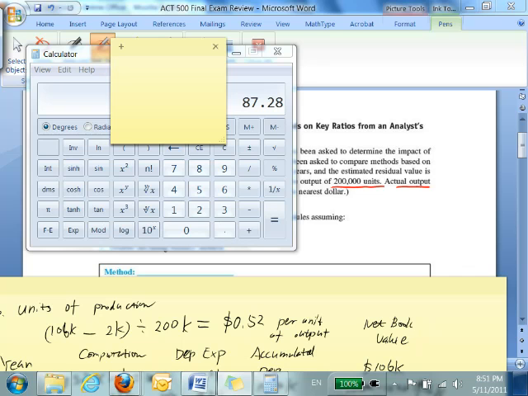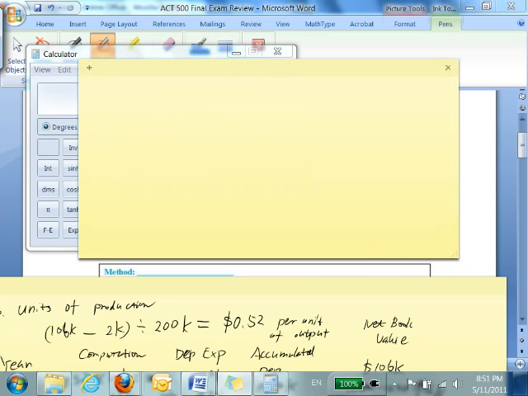Double declining balance method. It is also called the accelerated depreciation method. Double declining balance.